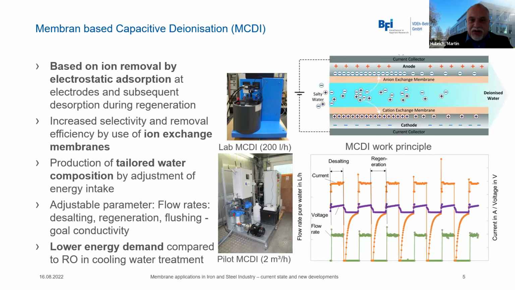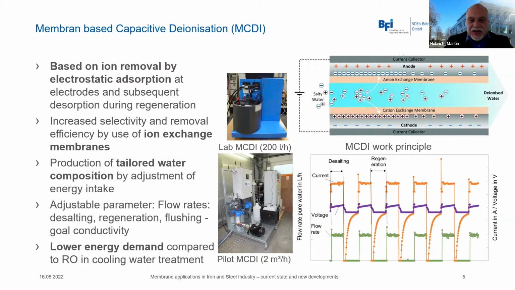In a second period, for regeneration of the module, you change the current and release the ions, and you have a concentrate flow. The advantage is that you can adjust the water quality by just changing the energy intake, and you produce the water quality you would like to have. On the right-hand side down, you can see an exemplary diagram for current, voltage, and flow rate.